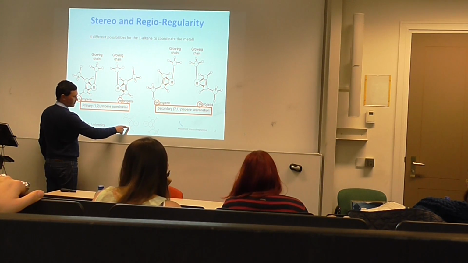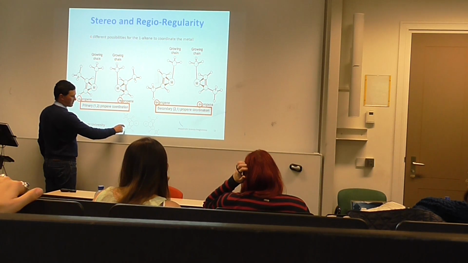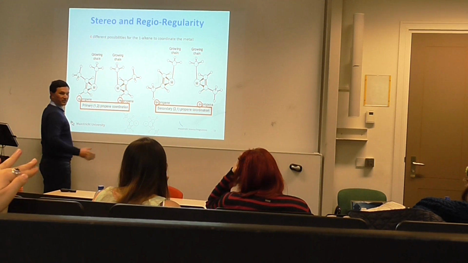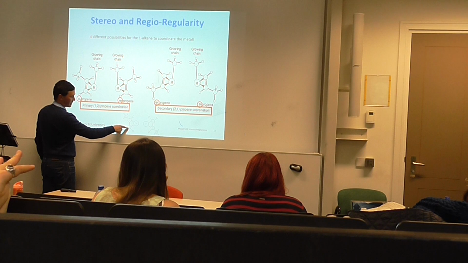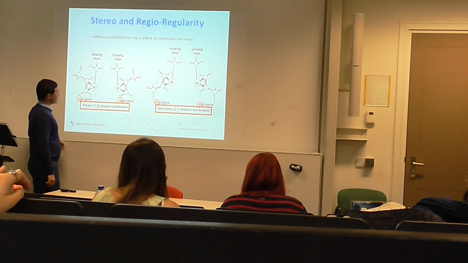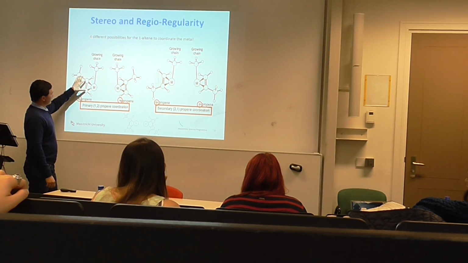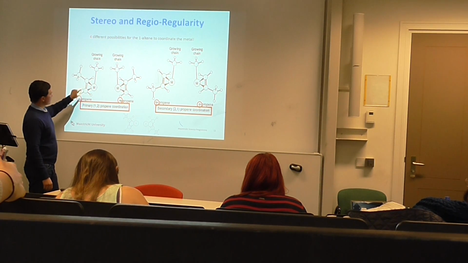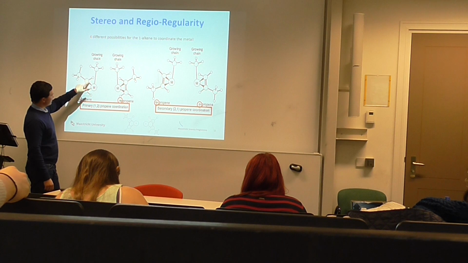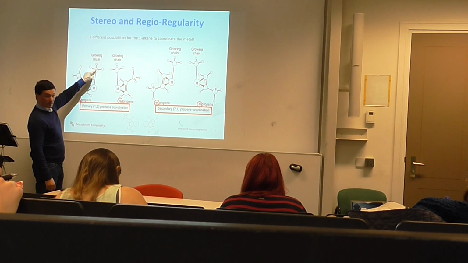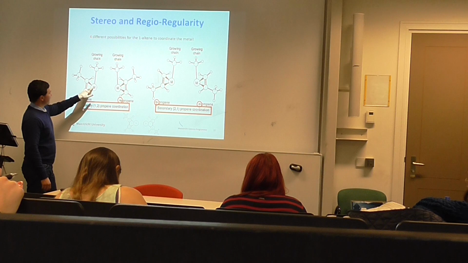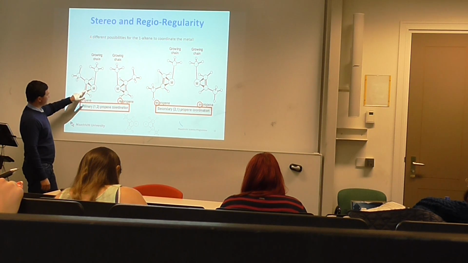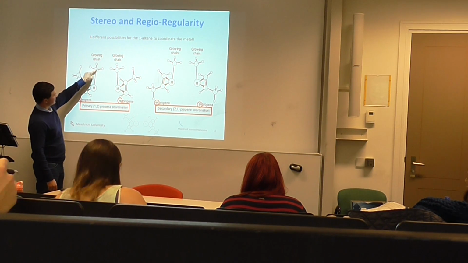Let's call the carbons, so this is carbon number 1, 2, and 3. I don't know if you can see it, maybe it's too small. Recalling the Cossee-Arlman mechanism, carbon number 1 will bond to the metal, and carbon number 2 will bond to this carbon here, so you will have sigma bonds.